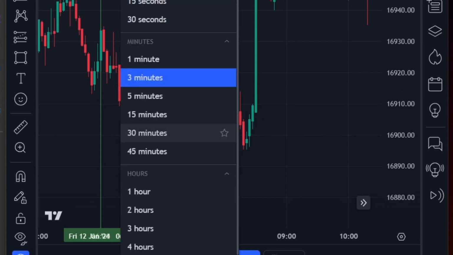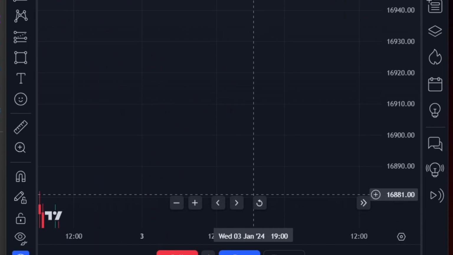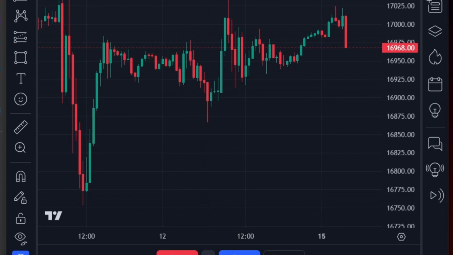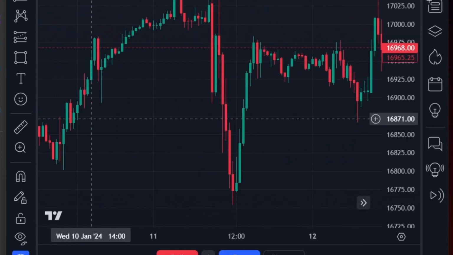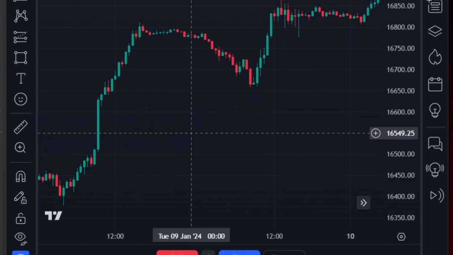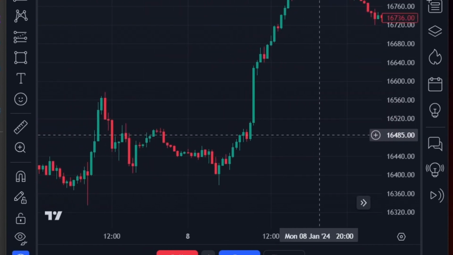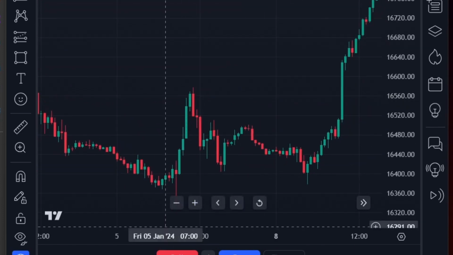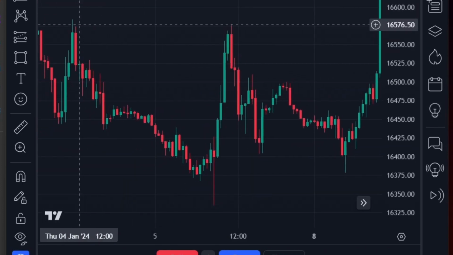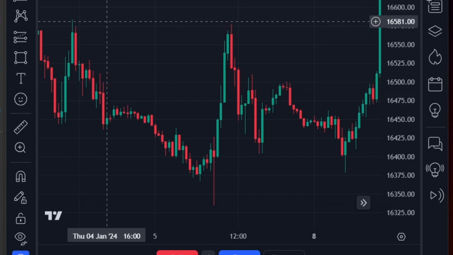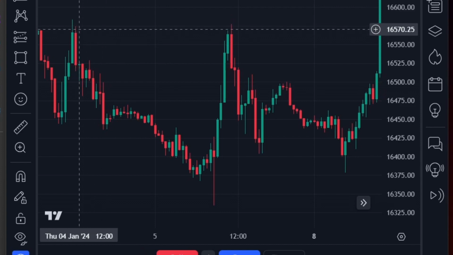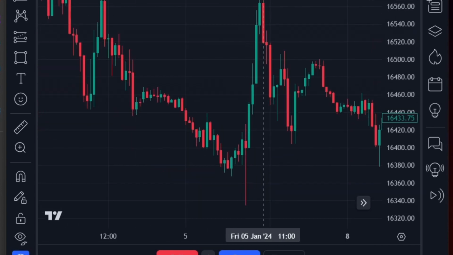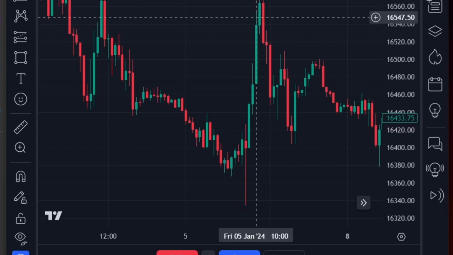You go on to a 30 minutes chart, and let's look for another setup. One main rule I like to add is where it has to retrace back into the zone for it to be effective.